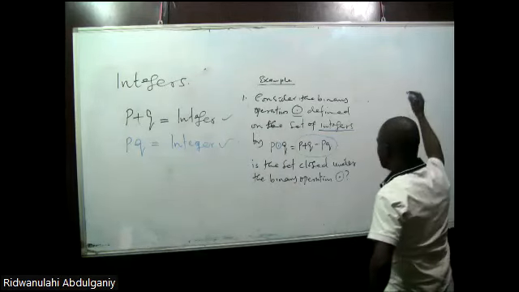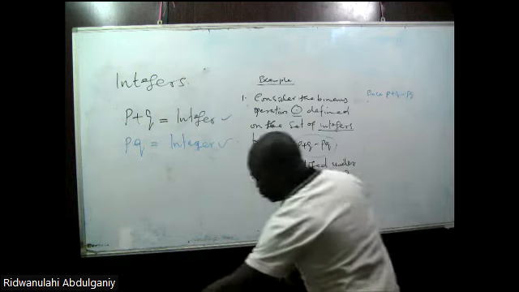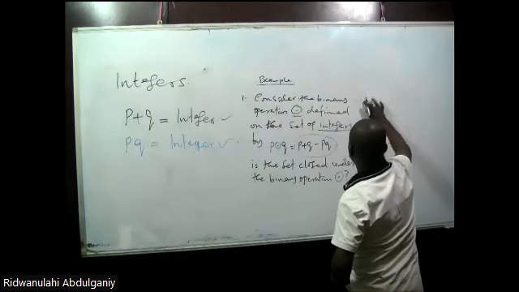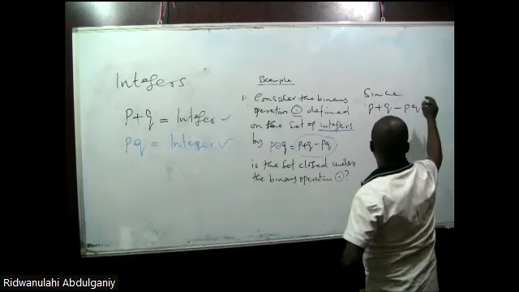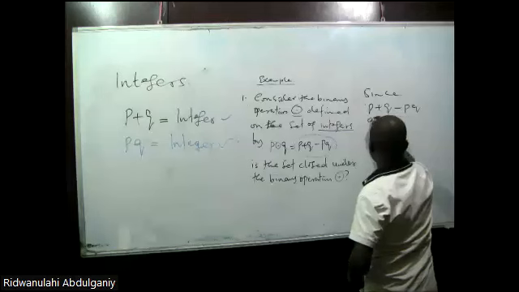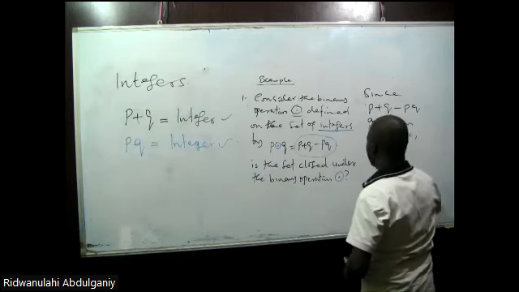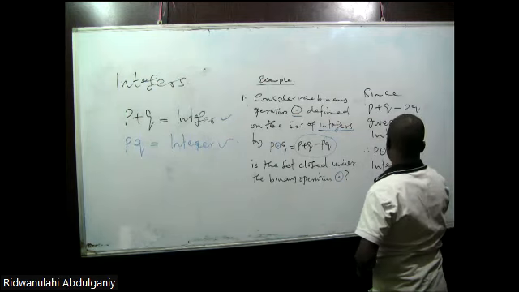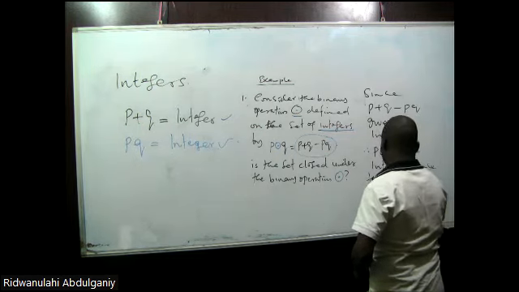So what we are going to do now is we will say that since P plus Q minus PQ gives an integer, therefore, P operation Q is an integer. Hence, the set is closed. Full stop.